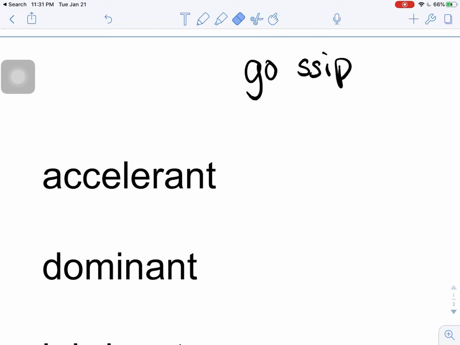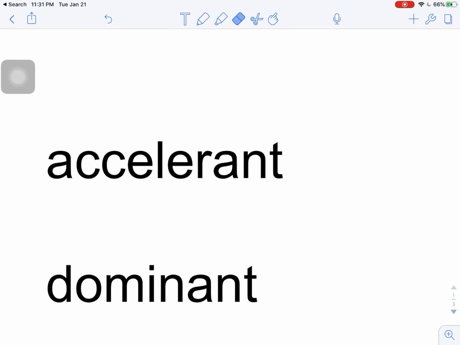So let's look at these words here. If you're teaching someone to spell the word, I'll go over it both ways. If I'm teaching someone to read the word, I would say, do you see any prefixes or suffixes? And maybe they know ANT. And I would say, okay, let's just mark ANT.